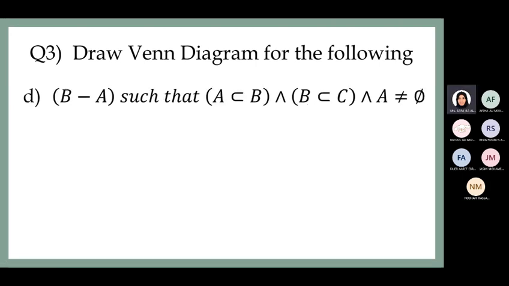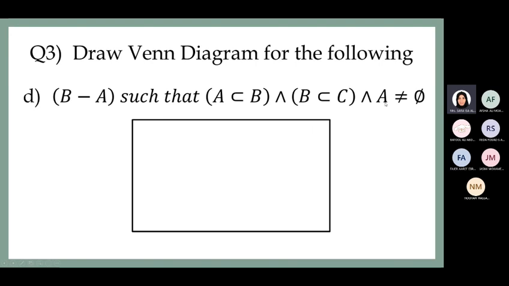The next drawing, we have to draw a Venn diagram. When they give me an area, it means I must highlight it. I have to highlight B but not A, such that A is a proper subset of B, B is a proper subset of C, and A is not equal to phi. So I have to draw the rectangle to represent the universal set.